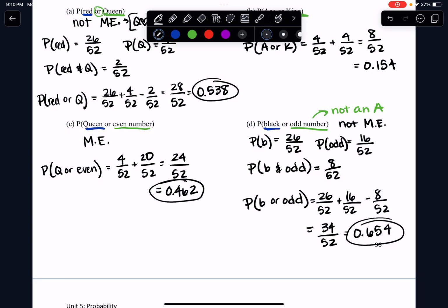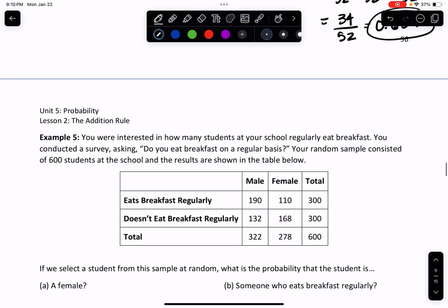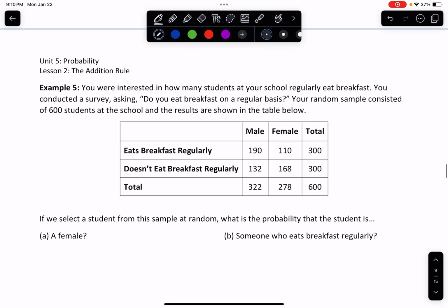So we can work through our sample space to figure out whether or not there's any overlap. We can also do this on a frequency table. So you conducted a survey asking 600 students at school about whether or not they eat breakfast regularly.